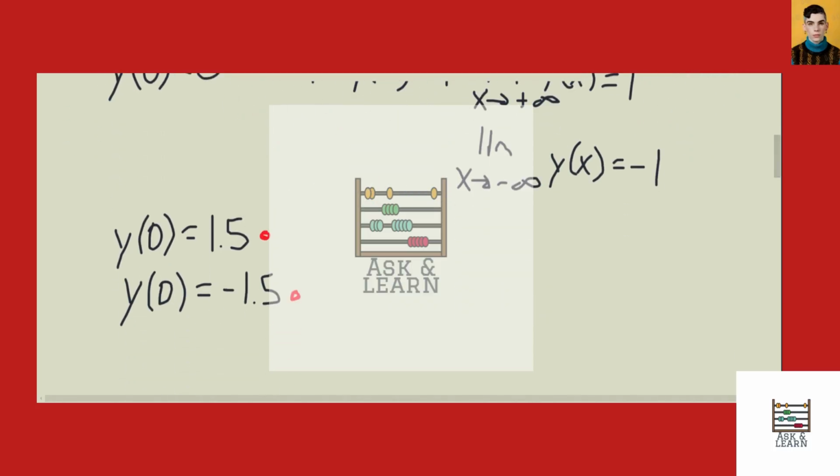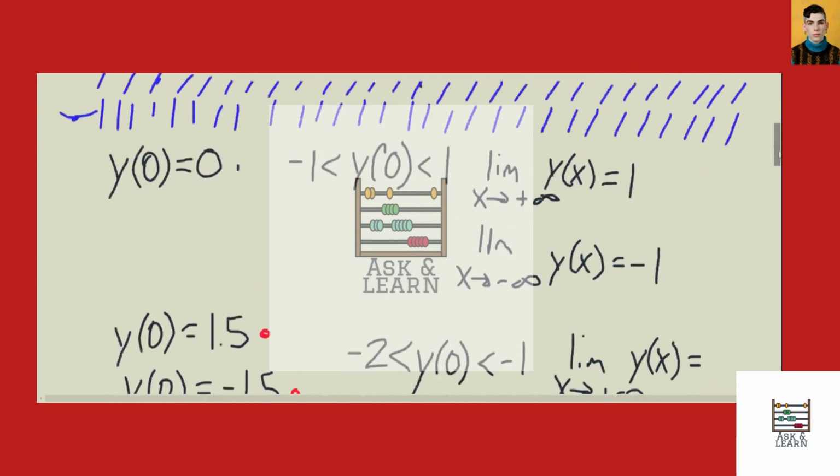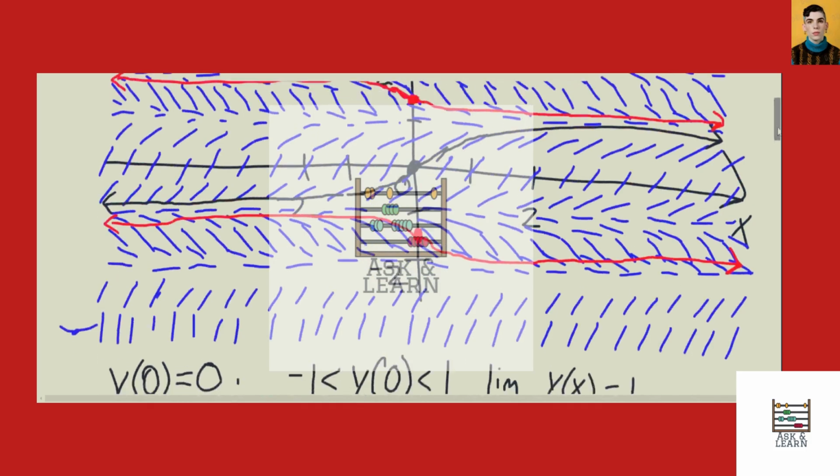So we see that if -2 is less than y0 is less than -1, or 1 is less than y0 is less than 2, then we have that the limit as x approaches positive infinity of y of x is equal to, for our second case, y equals -2.